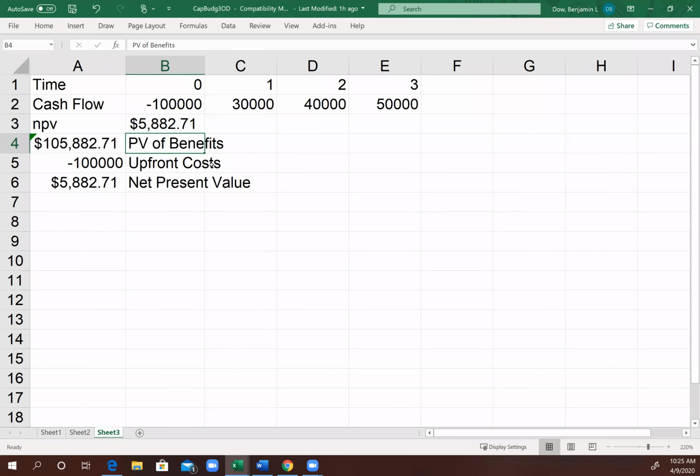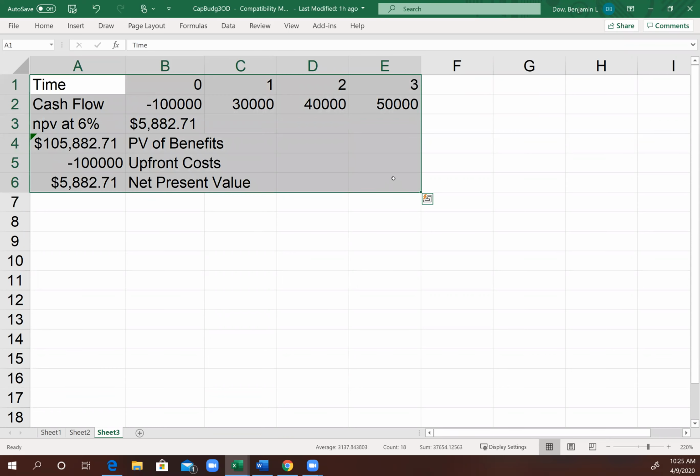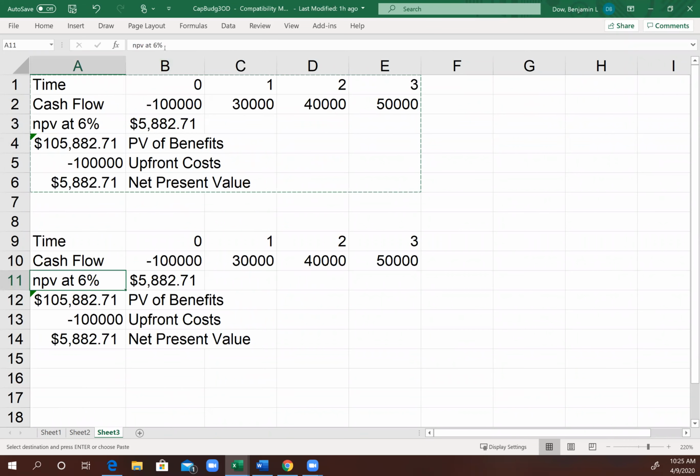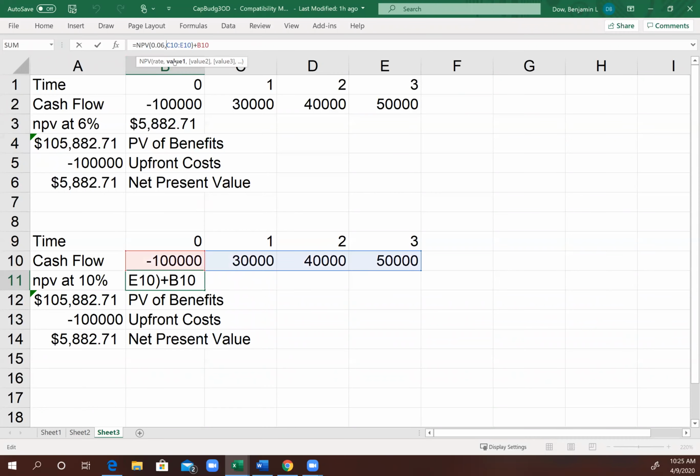So this was the net present value at 6%, and we wanted to evaluate the net present value at 10%. We could go back and do it by hand, just like we did before, or we could go in and change up our functions.